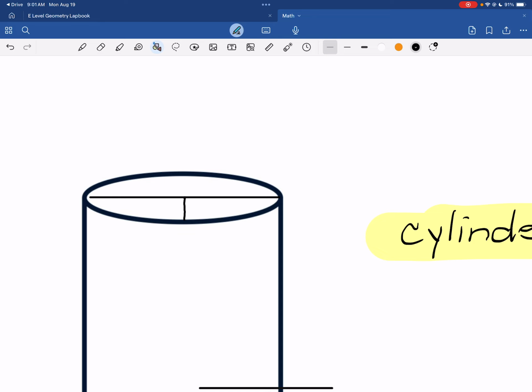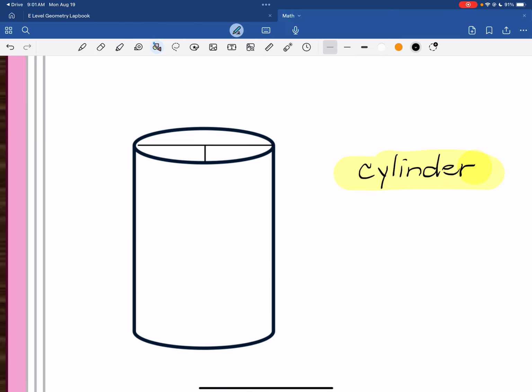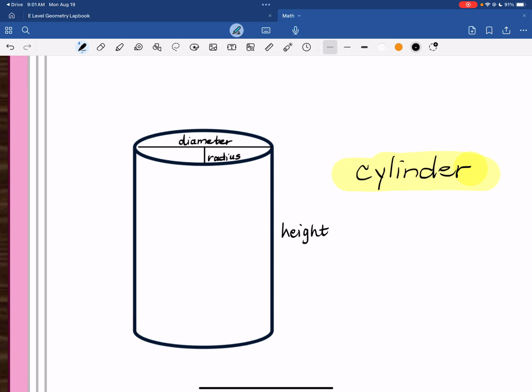Here is radius, but that's a circular face. And this one, let me just give you some dimensions here. You have height, and this would be a diameter all the way across, a radius. This one does not have a vertex because you have the circle involved. There are no vertices with circular objects.